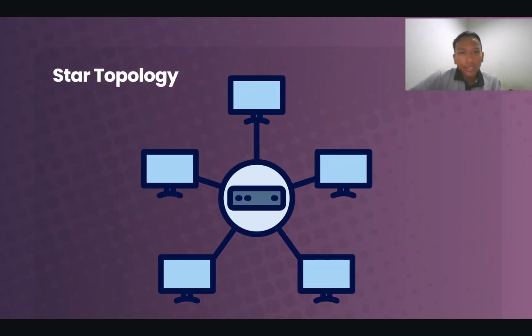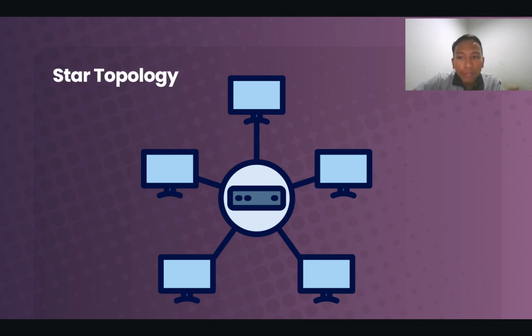Okay, the next one is star topology. In star topology, all devices are connected to a central device, such as a hub or switch in the middle. This topology is very popular because it's easier to manage and easier to expand when adding new devices.